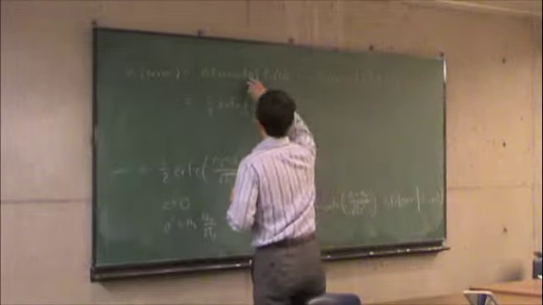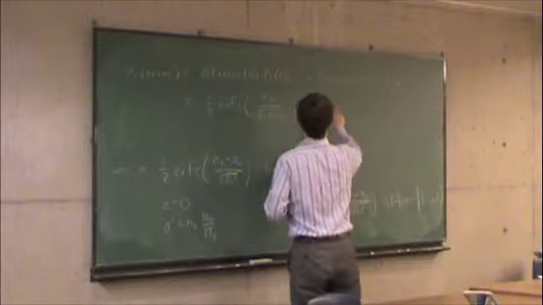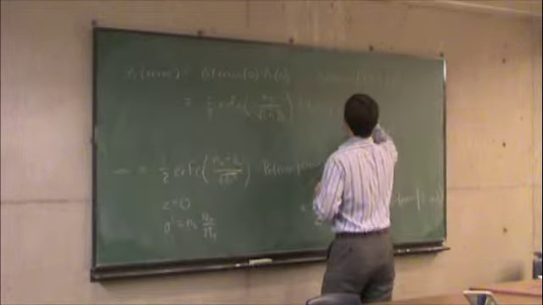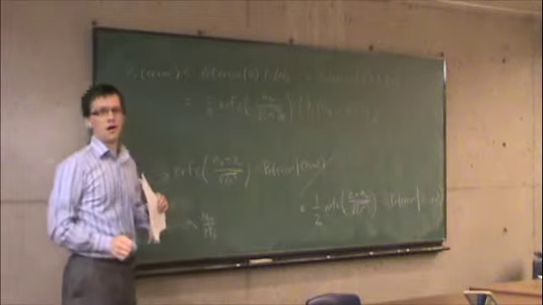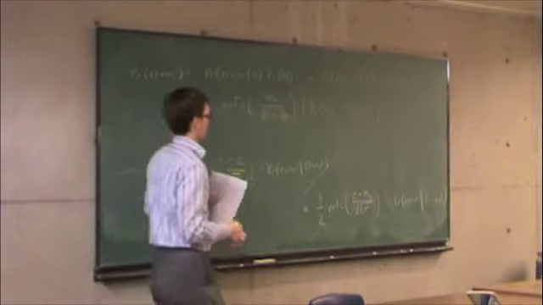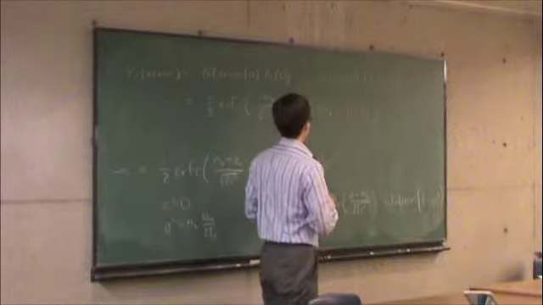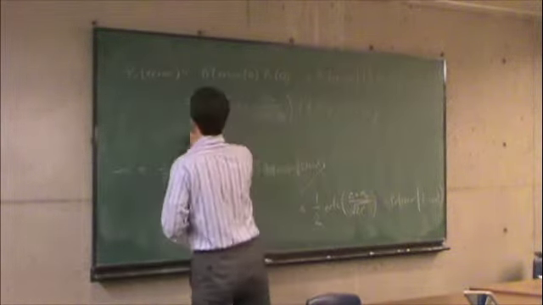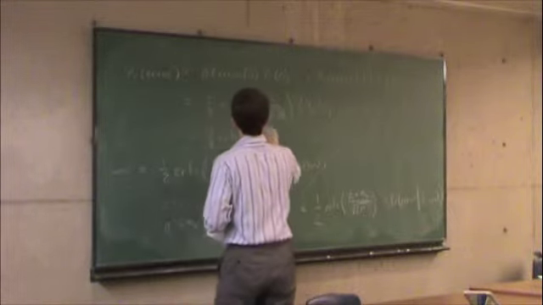Because these are equal, I can take them out, and I end up with probability of 0 plus probability of 1. What's the probability of 0 plus the probability of 1? Must be 1, because it doesn't matter how I divvy these up. Taken together, the probability of them is 1. So I end up with 1/2 erfc.